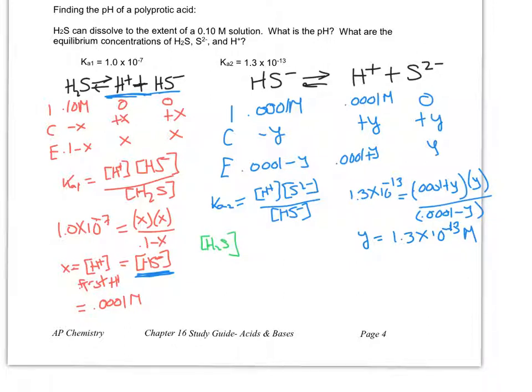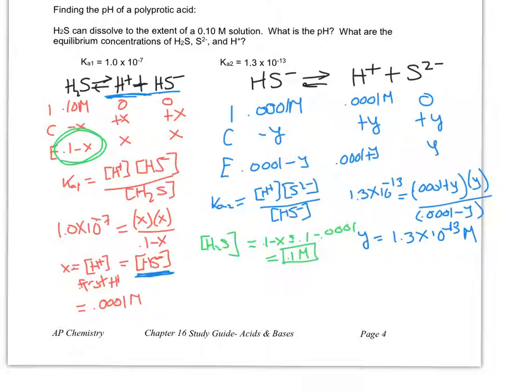The H2S dissociated, and at equilibrium is 0.1 minus X. So that's 0.1 minus 0.0001, which is basically 0.1 molar. I mean, if you want to say 0.0999, that's fine, but it's close enough to 0.1 molar.